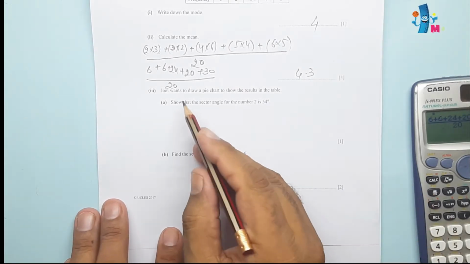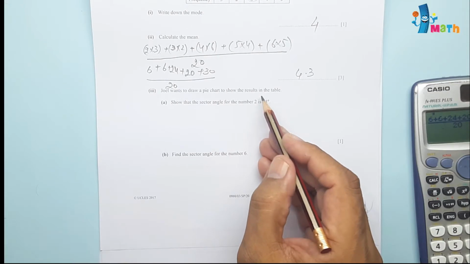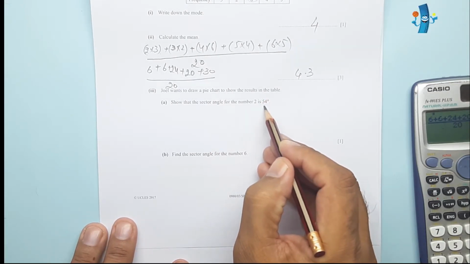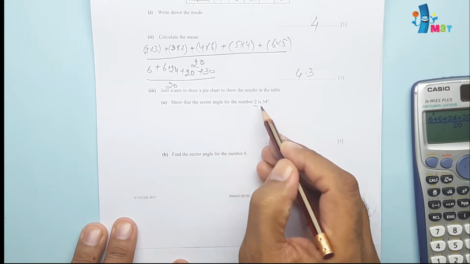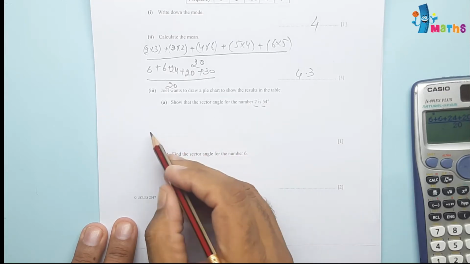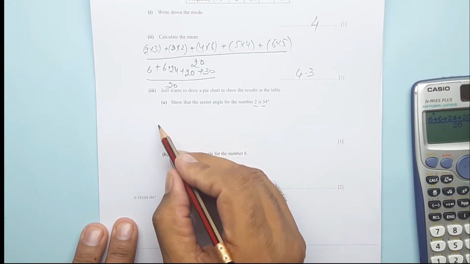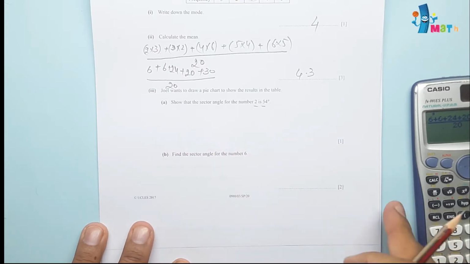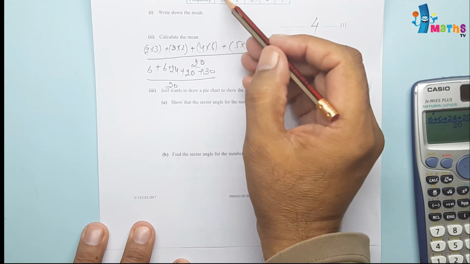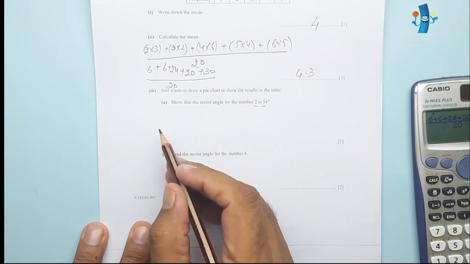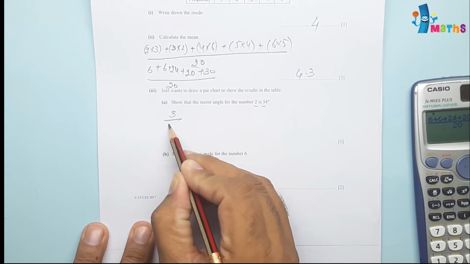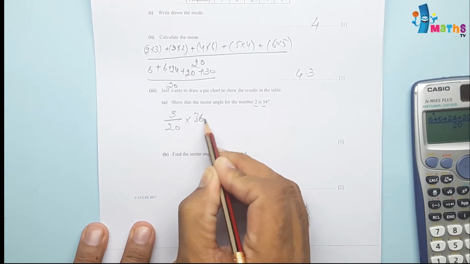Joel wants to draw a pie chart to show the results in the table. 2 is 54. They have given the 2 portion is 54. 2 is coming 3 times, so we will take 3 divided by 20 into 360.